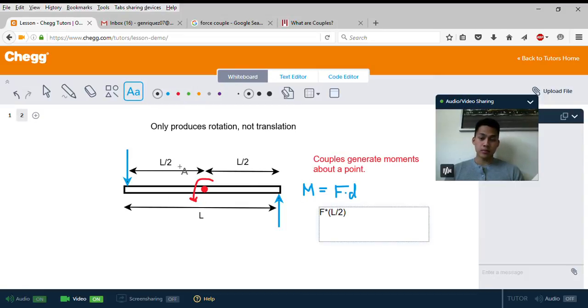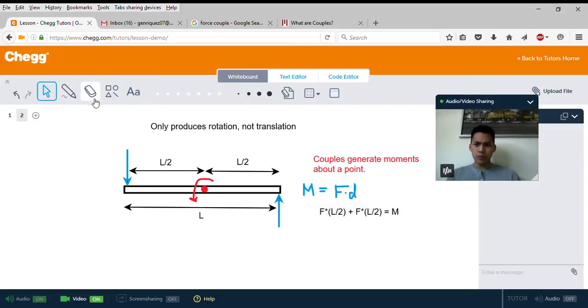That's a distance of L over 2. So that's creating a moment. Plus, there's another force here acting away from the pivot. So we do another force times, and again, distance from the pivot from here to here is L over 2. So this whole equation here is equal to the entire moment generated by the two forces.